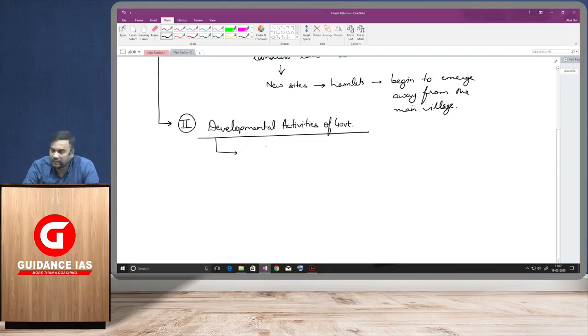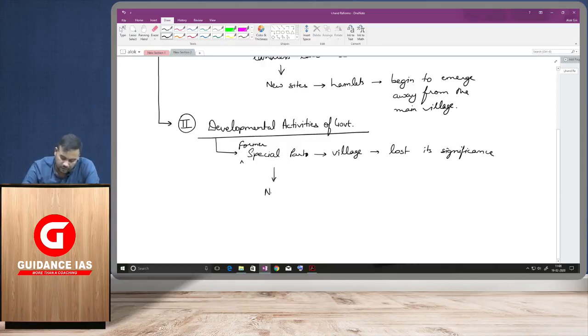As a result of the developmental activities of the government, one very important thing which is seen is that the former special part of the village has lost its significance, and new special parts have emerged.